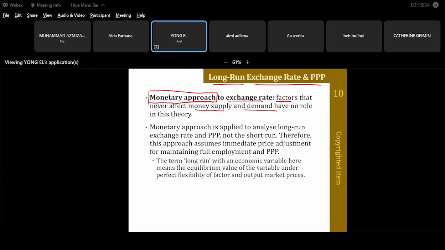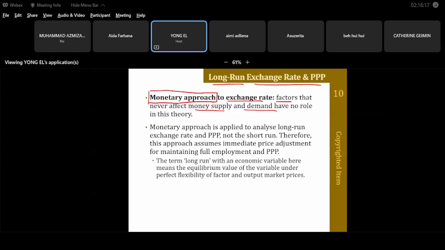Remember, our focus here is money supply and money demand, because they will change the price level in a country, and the change in the price level can change our purchasing power. When our purchasing power changes, that is reflected in the price level going up or down. And you learn from the PPP equation that when prices change, that will influence the currency value, meaning the exchange rate with the US.